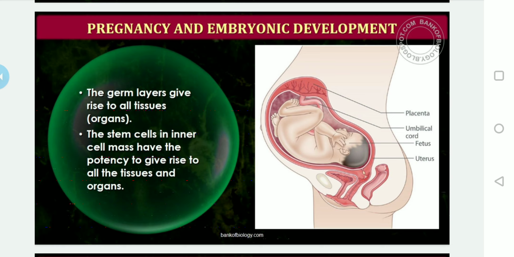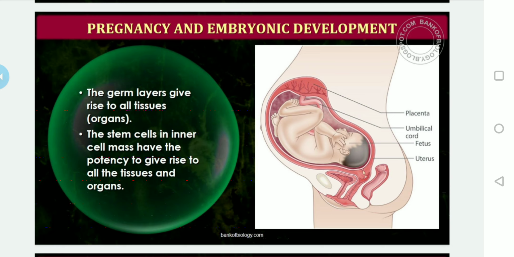Last year we studied there are three germ layers, isn't it? Outer ectoderm, inner endoderm, then middle mesoderm. So these three layers give rise to all tissues and organs in adults.